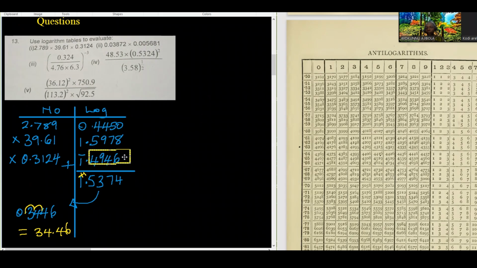It was only four figure table. Okay, so you should be very careful. Remember to add the differences, like 27 under 8 gave us something. We now check difference 9 and add it to get this. Okay? Okay, sir.